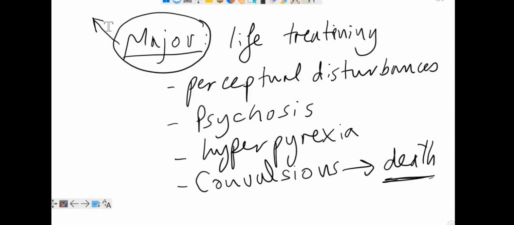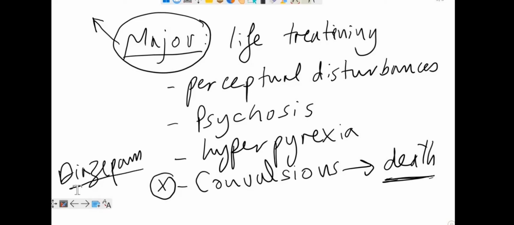They treat them according to the dose taken and the drug taken. If there is convulsion, of course, they have to treat it by giving diazepam, for example, which is a benzodiazepine. And then they give the drug that was taken back and slowly reduce the dose.